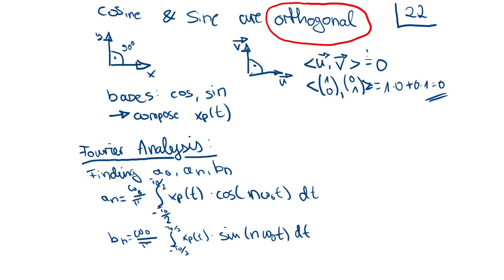You see here a prefactor, and then there's an integral which combines the periodic function, which should be analyzed, with either the cosine or sine function with the frequency defined here by the index n.